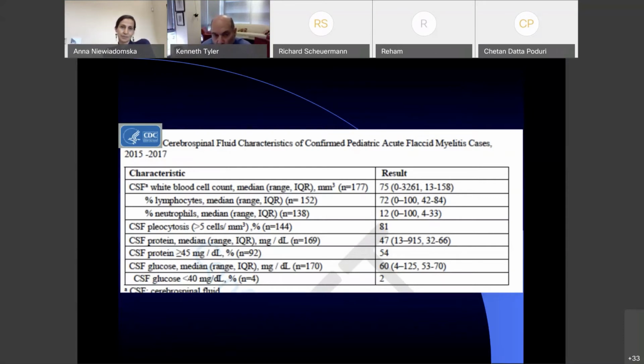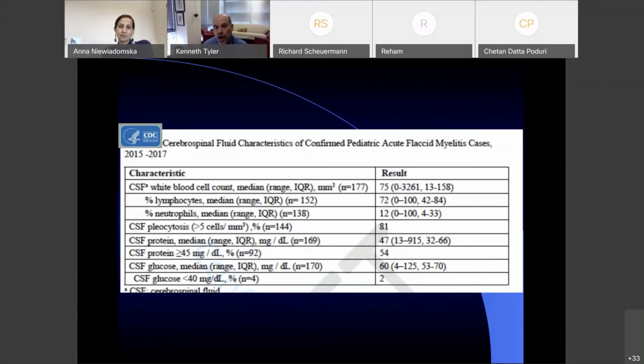Spinal fluid usually is a pretty bland fluid that has very few, if any, white cells in it. And you can see that the majority of patients, when the spinal fluid was examined, had a pleocytosis. Over 80% did, more than 5 cells, usually lymphocytes. And this is the classic pattern we see with viral infections.